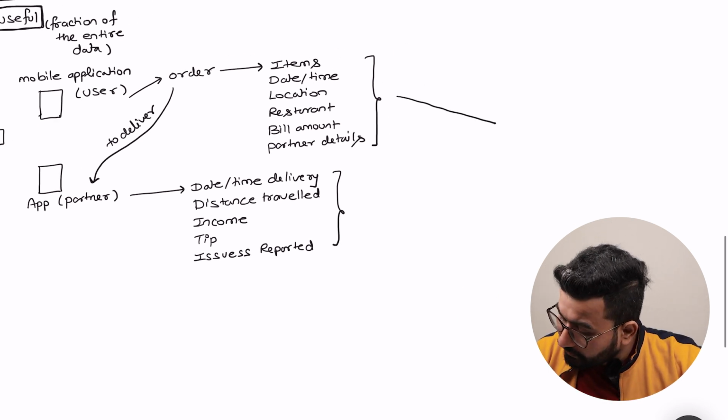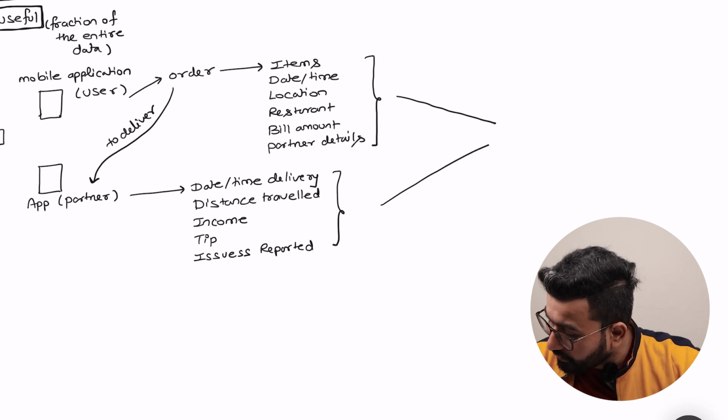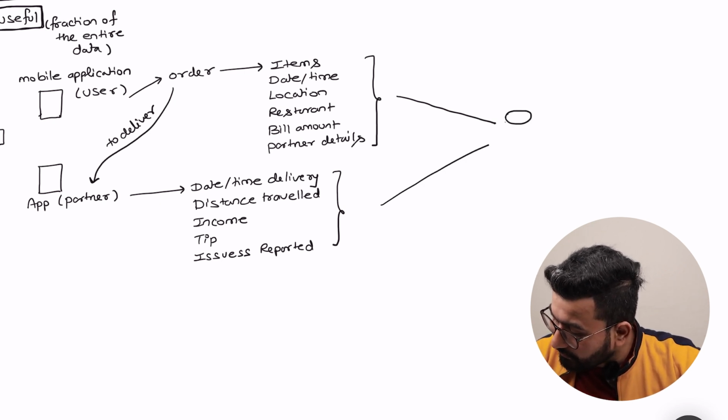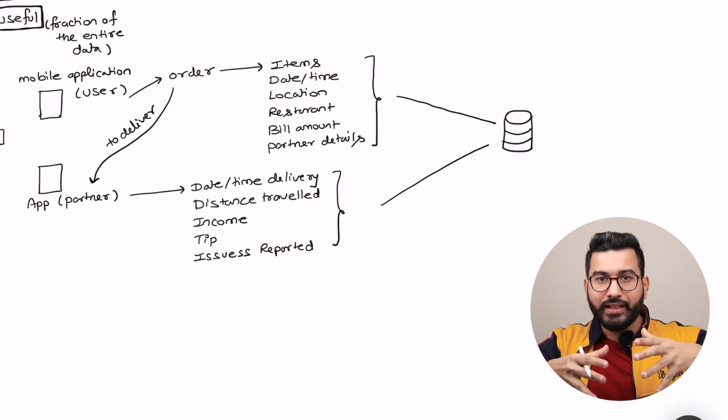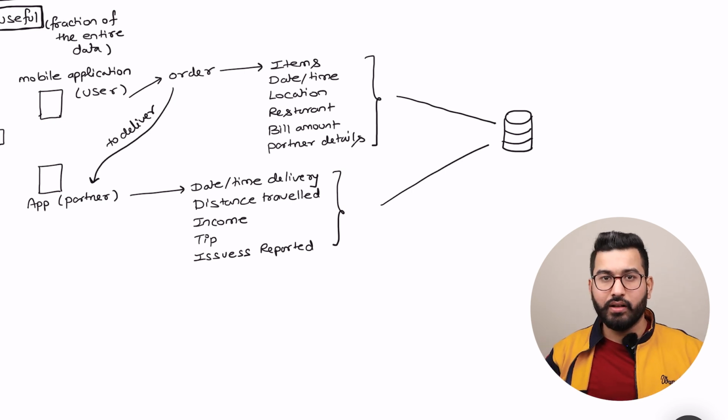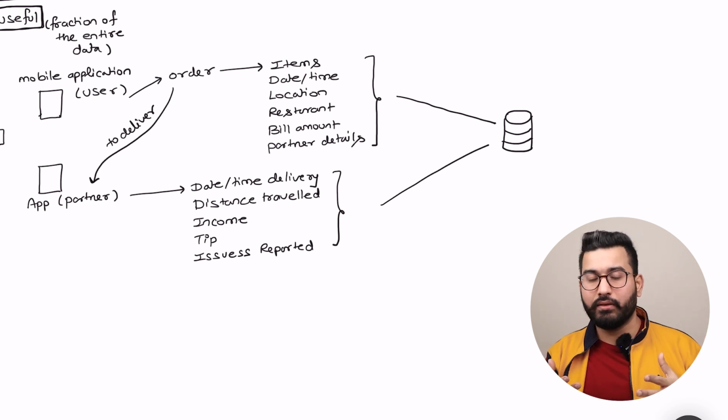All this data is getting preserved in a centralized database. So assume it like a centrally located huge computer which comes with a lot of data storage and lot of processing power.